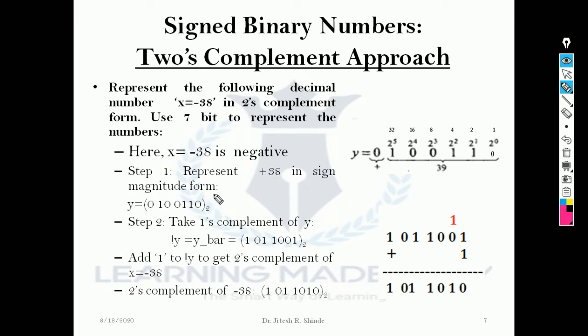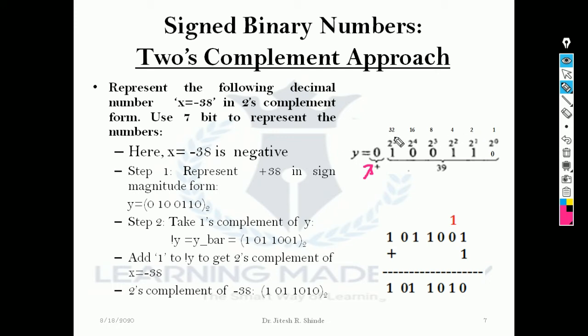The number is positive, so the MSB here is 0. The remaining bits will give the magnitude of the number. Here I am using the weights 32, 16, 8, 4, 2, 1 to find the magnitude of 38. To get 38 we need to add 32 plus 4, 36, 36 plus 2, 38. Thus only 32, 4 and 2 are involved in the addition to get 38.